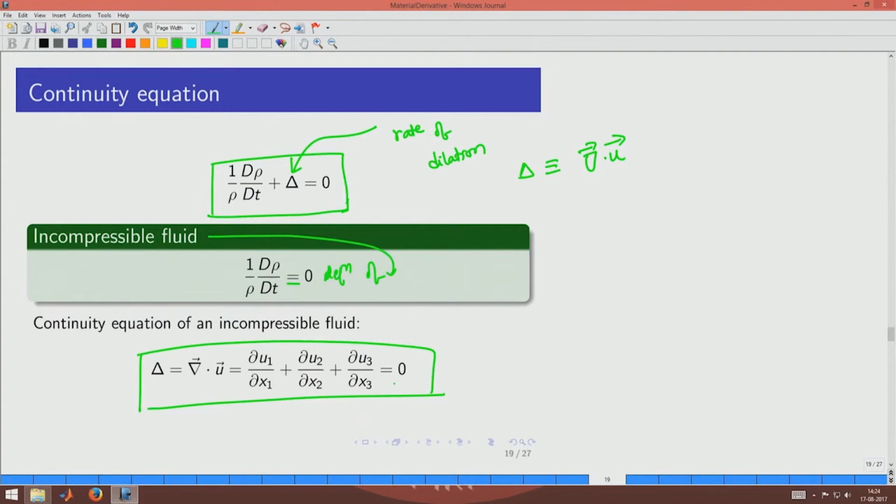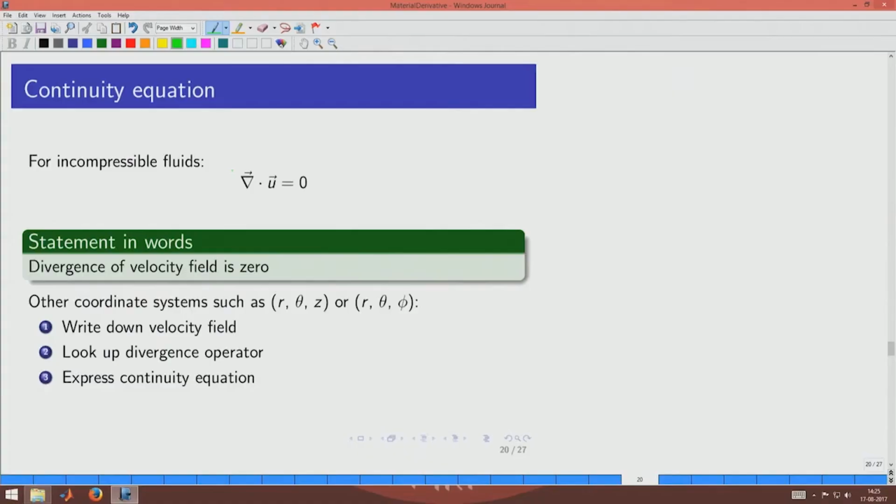So if you wish, you could also define an incompressible fluid as that fluid for which the divergence of the velocity field is 0, or the material derivative of density is 0. One of the two, because they are anyway connected by the continuity equation, which is a mass balance statement, applicable whether the fluid is incompressible or not. We will assume that, particularly in the materials subject, we have incompressible fluids.